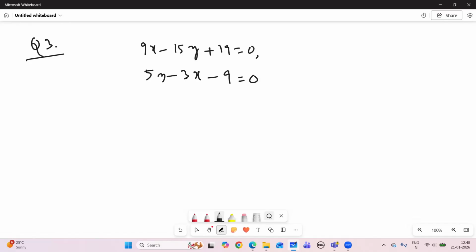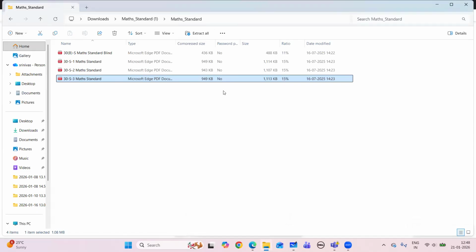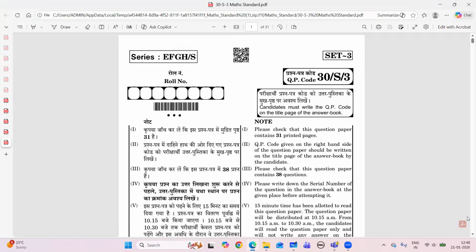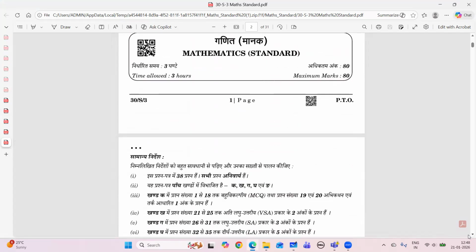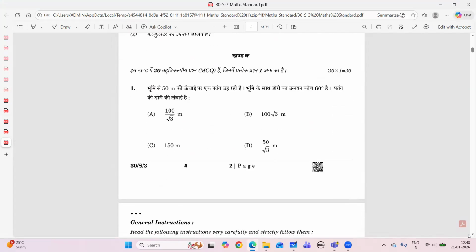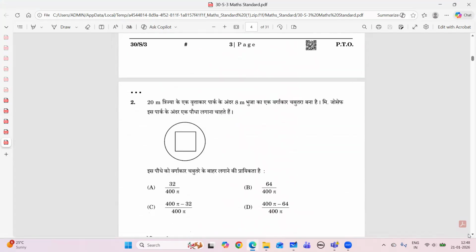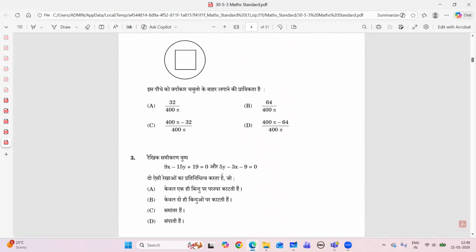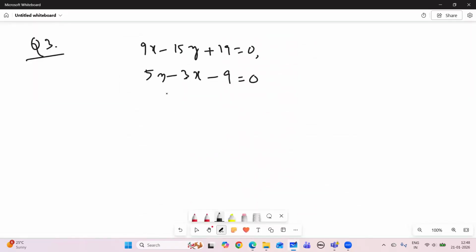Let us look at them. The second is 5y minus 3x minus 9.